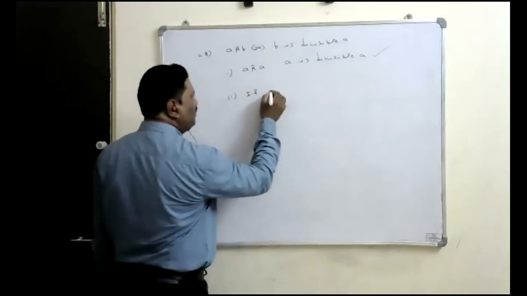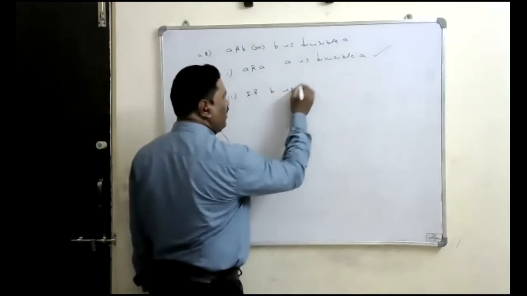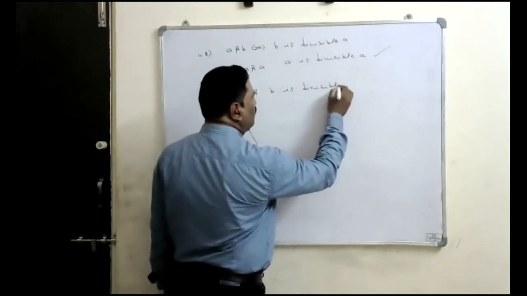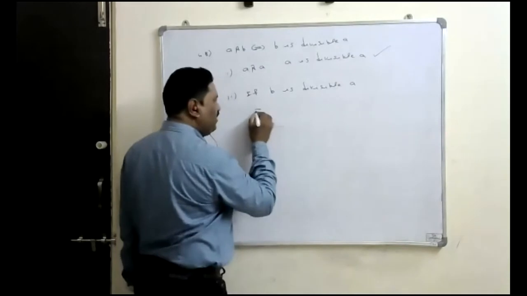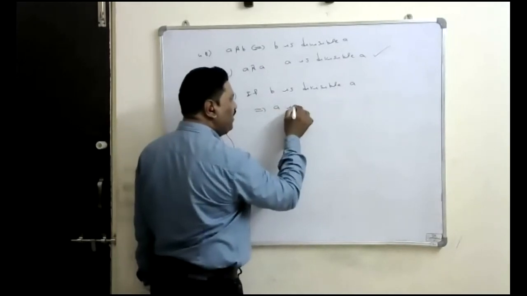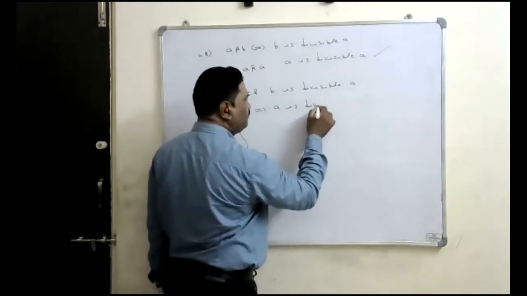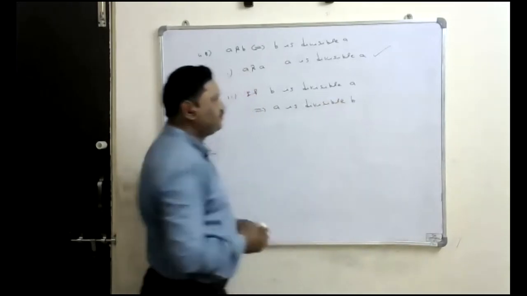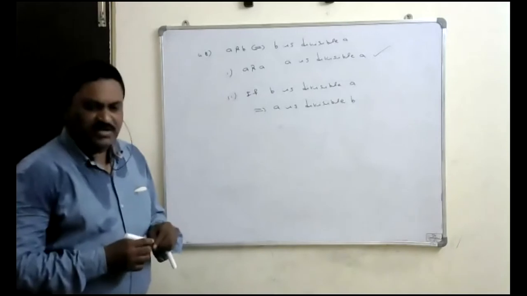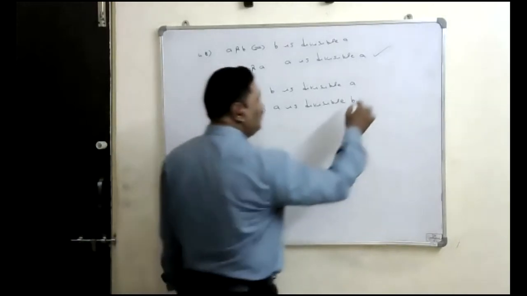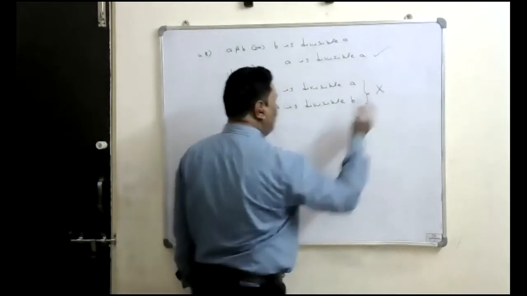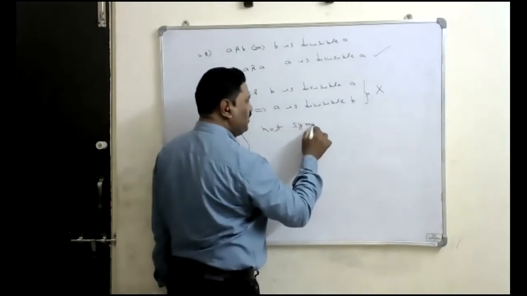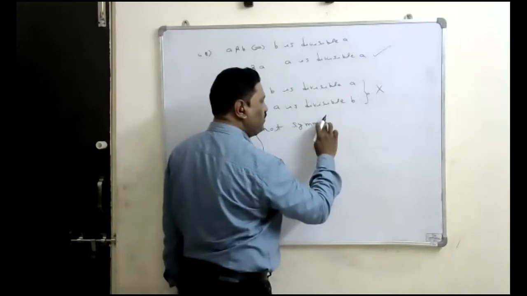Suppose B is divisible by A. Then A also should be divisible by B. Is it correct? No, this is not always correct. That's why it's not symmetric. Therefore, the answer is reflexive but not symmetric.